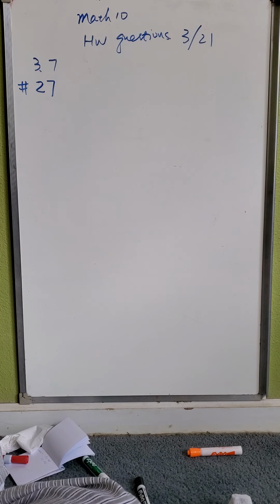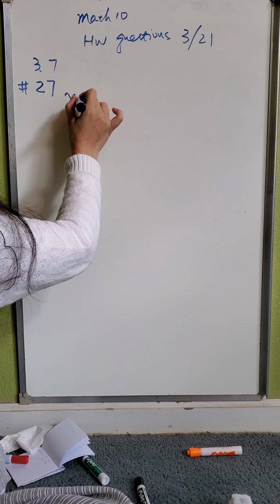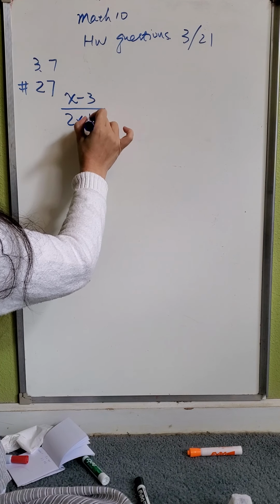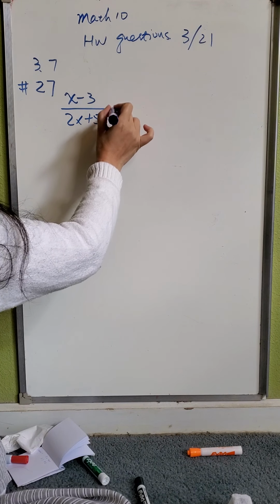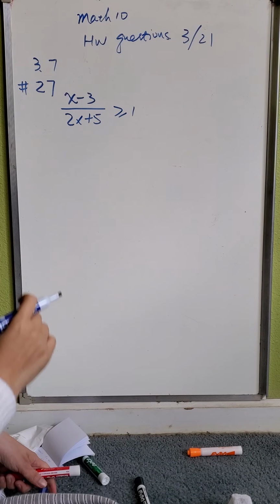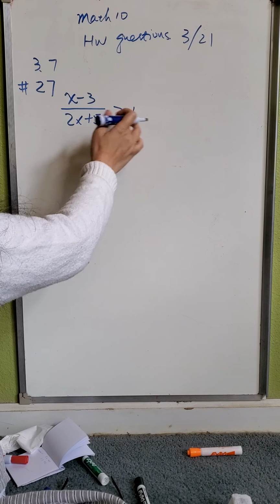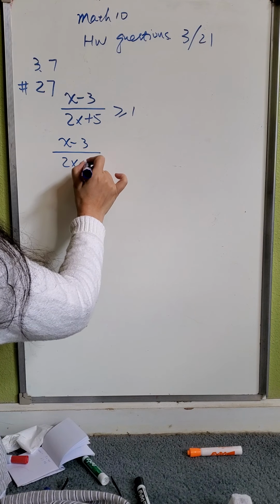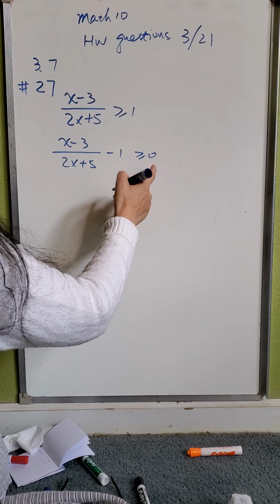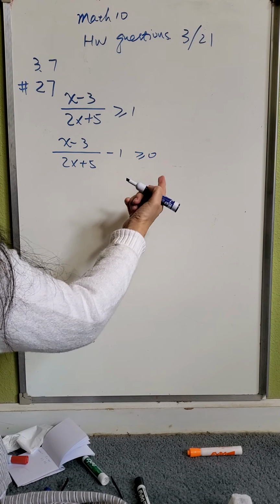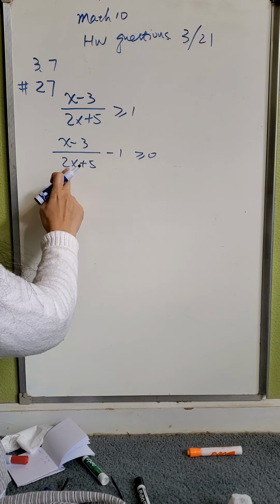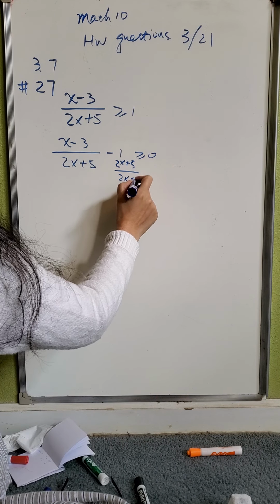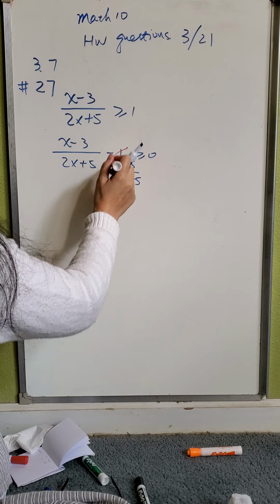Number 27 is x minus 3 over 2x plus 5, greater than or equal to 1. So what we need to do is subtract 1 on both sides. You want the right side to be 0. Now you make the 1 into 2x plus 5 over 2x plus 5.